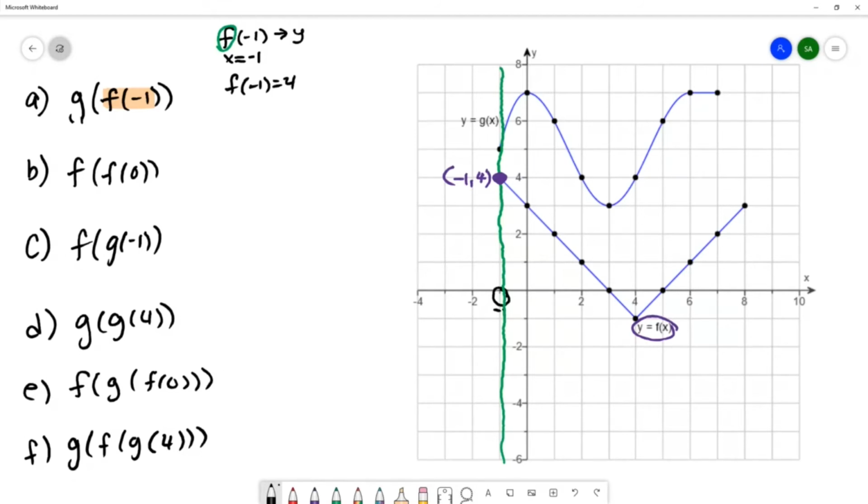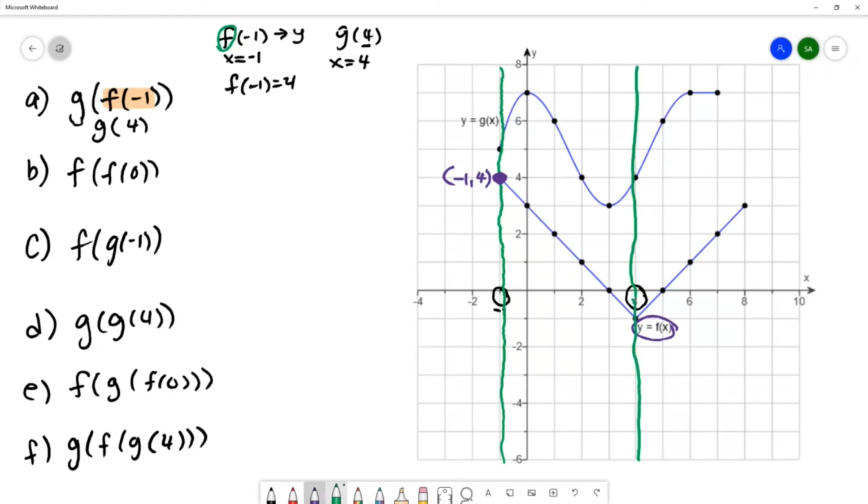So in the question that I was asked, I can replace f of negative 1 with 4, leaving me with g of 4. And now we have g of 4. If you remember, g of 4 is indicating this notation that we have an x value of 4. So I'm going to find 4 on my scale for x, and every ordered pair along that vertical line has an x coordinate of 4.